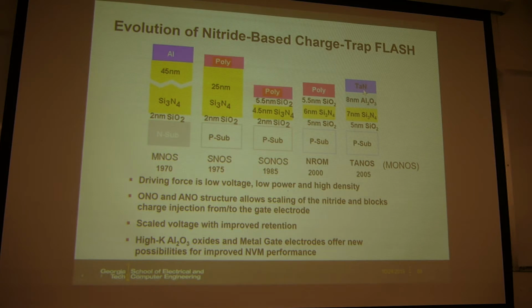TaN is a metallic material, and it's like metal. So we use T for this. And then the silicon dioxide between the control gate and this charge trap layer changes from silicon dioxide to aluminum oxide. So then it becomes A here, and then NOS. So this is the so-called TANOS structure, which is the most recent structure.